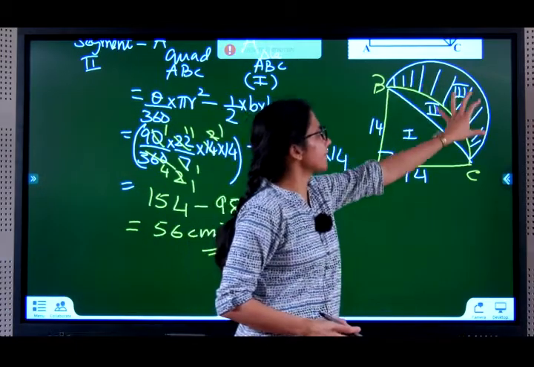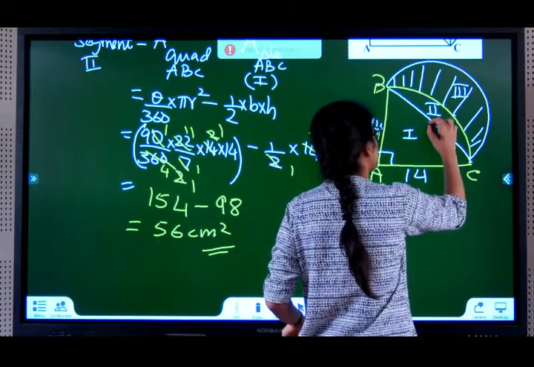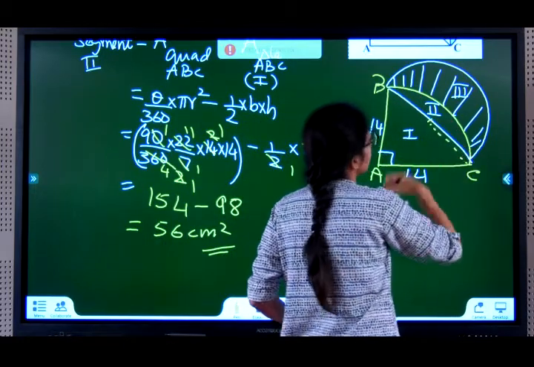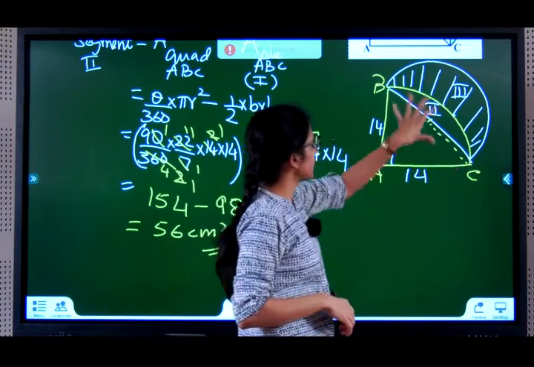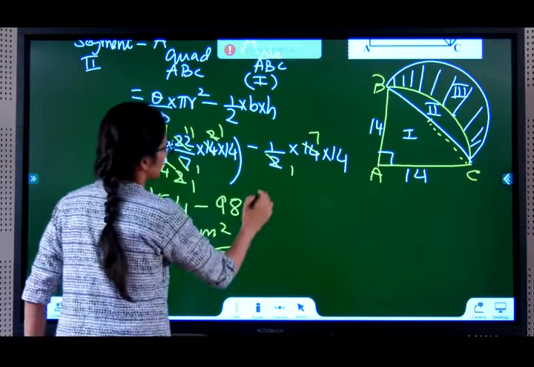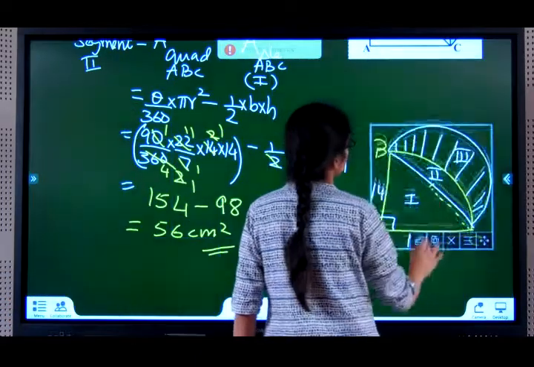Now, area of semicircle. But to find area of semicircle, I need the radius of the circle. But I don't know BC, right? How do I find BC? Using Pythagoras theorem.